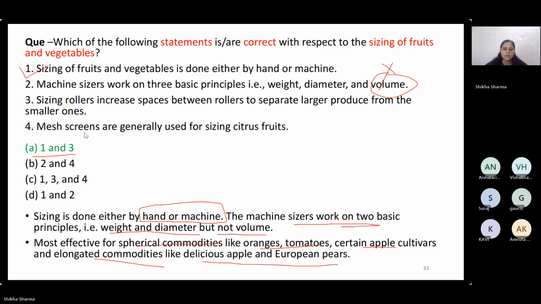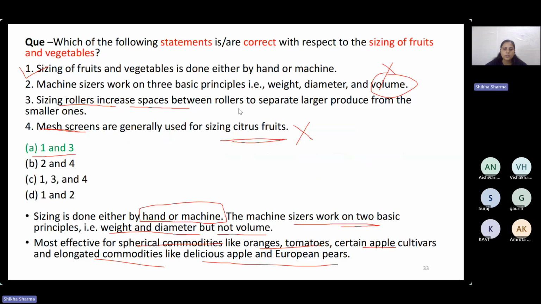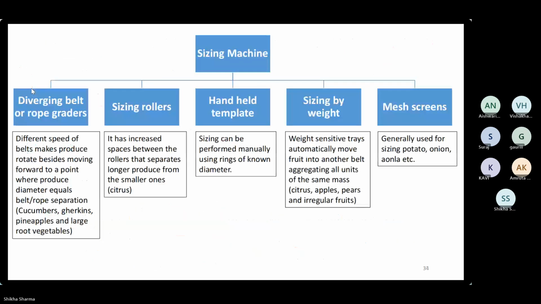Mesh screens are generally used for sizing citrus fruits. This is not correct. And sizing rollers have spaces between the rollers, so they are good to separate large produce from smaller ones.